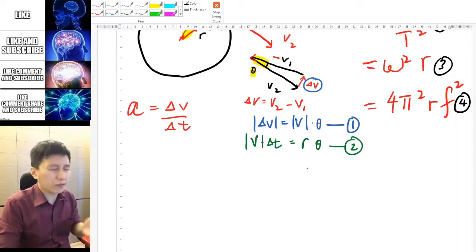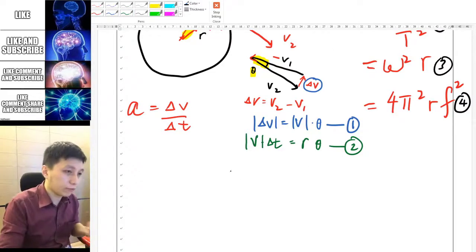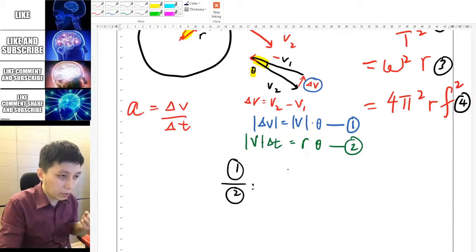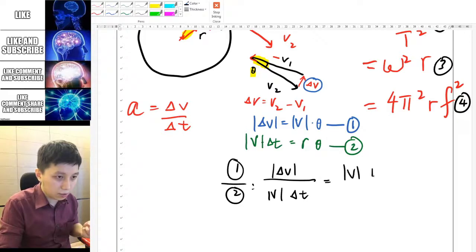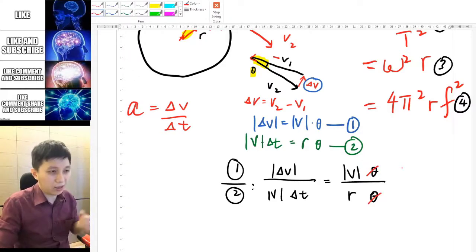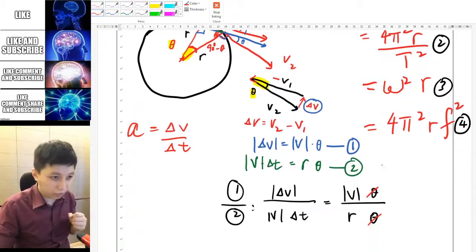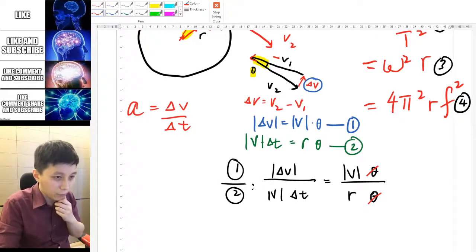Alright, the rest of the steps should be very obvious now. You have equations 1 and 2 and you divide them, and then you get absolute delta V over absolute V delta t, and the same for the right-hand side. The good thing is you can cancel out theta. There's no theta in our equation, right? So it's good to take it out.